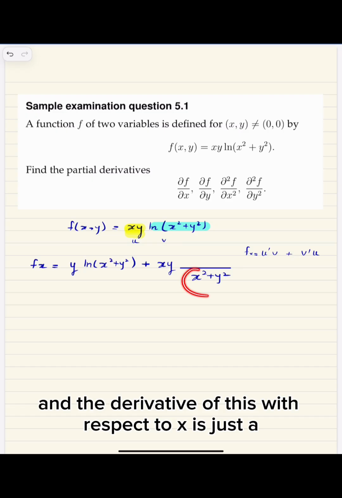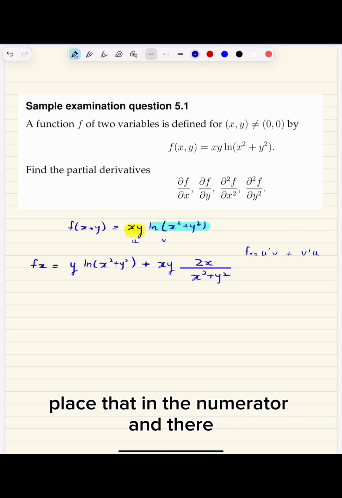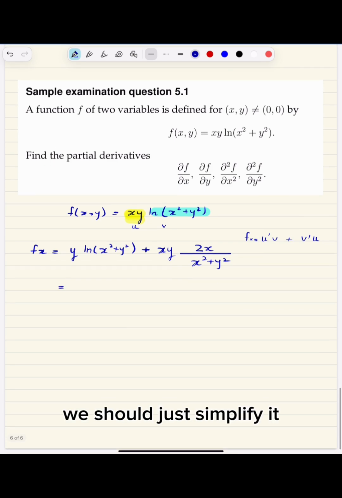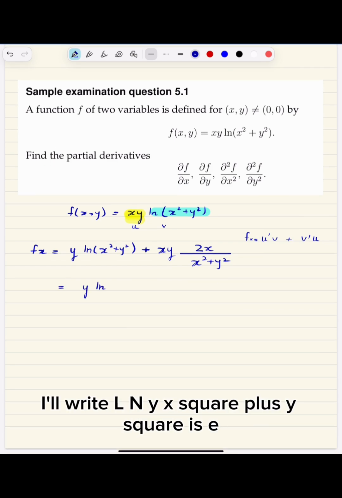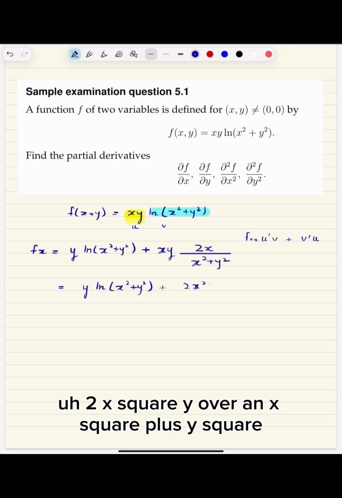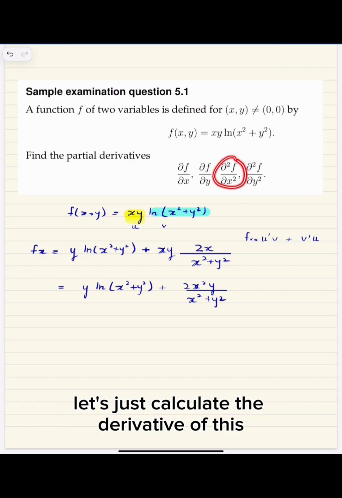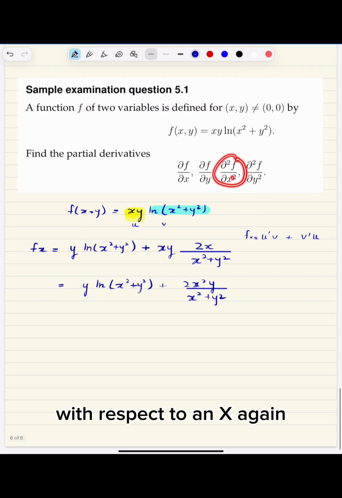The derivative of this with respect to x is just 2x, so I'm going to place that in the numerator. Then we simplify: f_x = y ln(x² + y²) + 2x²y/(x² + y²).